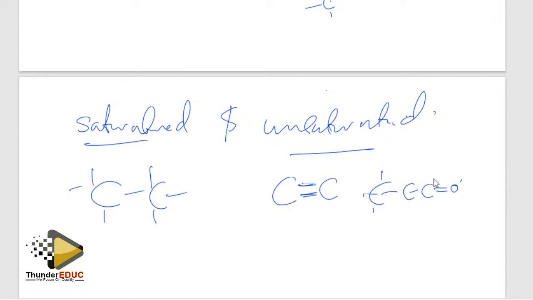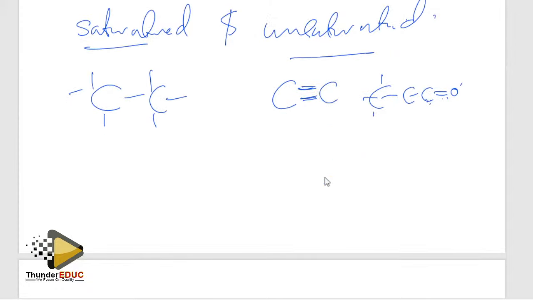This compound is a saturated compound, but it has a double bond somewhere. Therefore, it's a saturated compound, but the double bond is not between carbon atoms. So unsaturated compounds have double or triple bonds. Don't stop there. You have to say that between 2 carbon atoms.